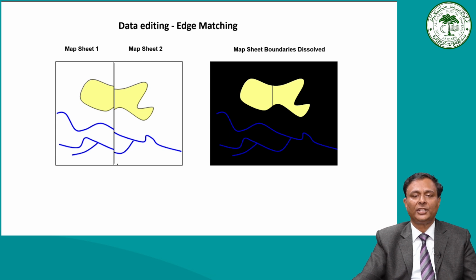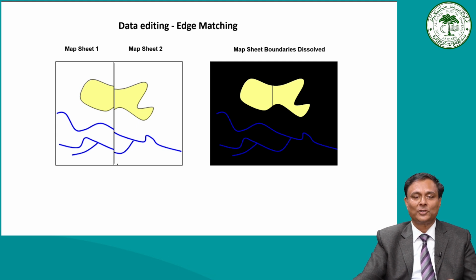Normally each map sheet would be digitized separately and then the adjacent sheets joined after editing and reprojection or transformation or generalization. And as we have seen earlier, these processes can bring in some kind of error.